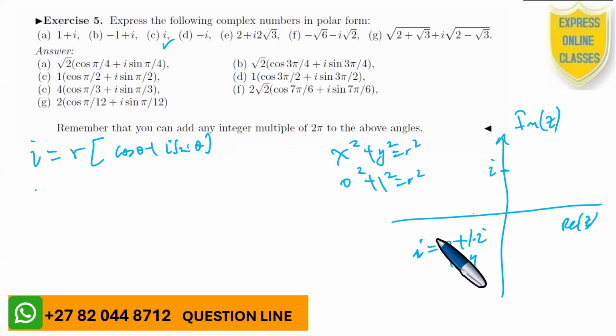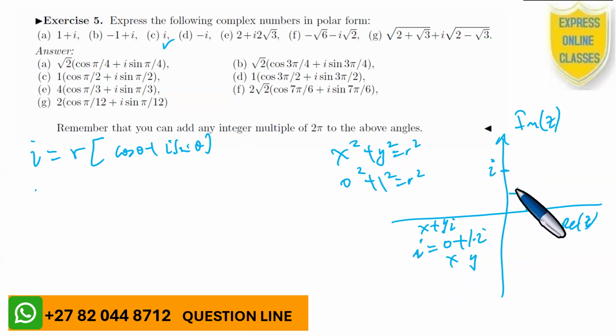But obviously, if it's just I, then it means y equals 1, because this I is 1I, and the complex number is x plus yi.